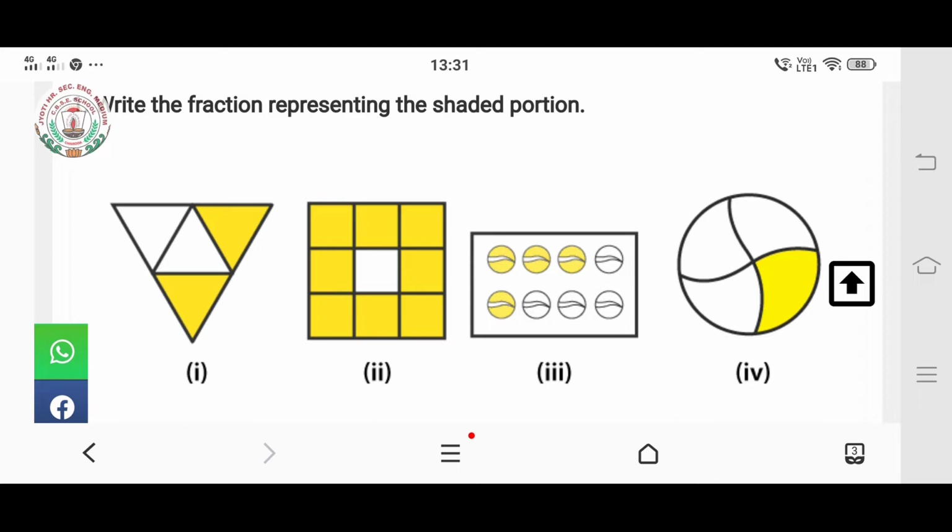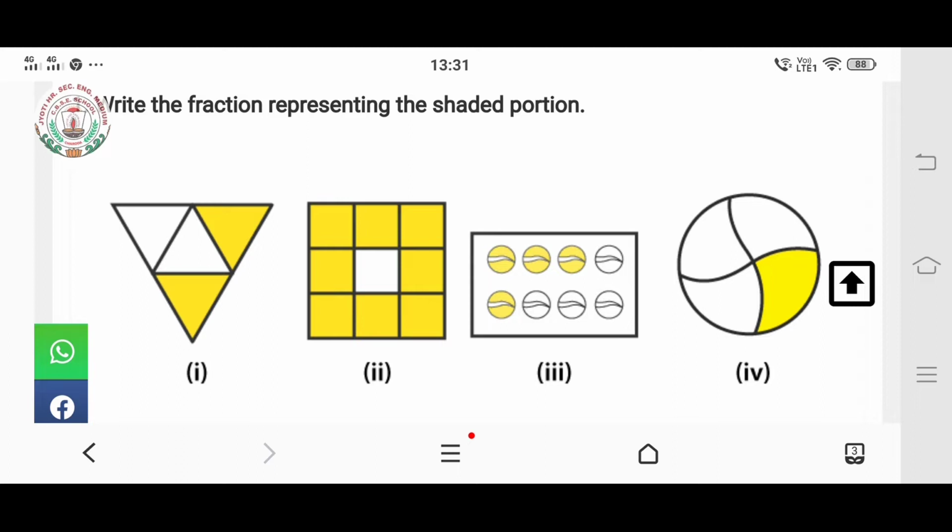Coming to the first figure, how will you write down the fraction? I have explained to you in the beginning of this chapter, like how you write the marks scored in any exam. How much you have scored is written in the numerator and the total marks for which the exam has been taken is written in the denominator.